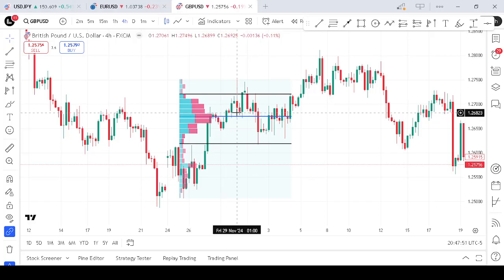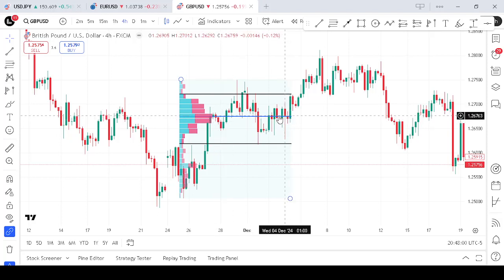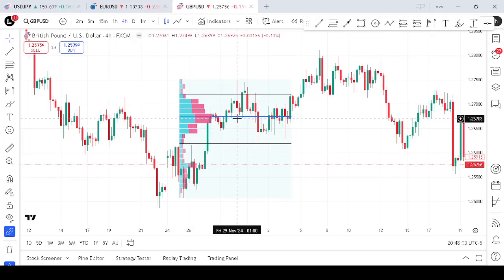Price tends to gravitate towards this level during periods of consolidation or low volatility. As we can see, this area is the point of control, and price tends to consolidate towards this area, and it holds the highest trading volume, as you can see from the volume indicator.